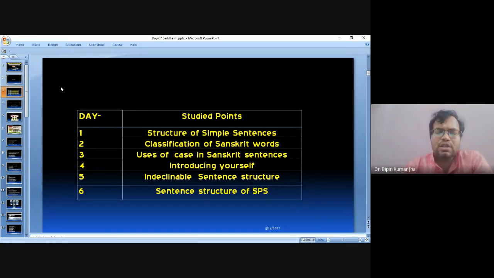And on the last day we started the Saddharma Pundarika Sutra, and tried to understand in which way we can extract the meaning from any kind of text. So I took the Saddharma Pundarika Sutra that day.